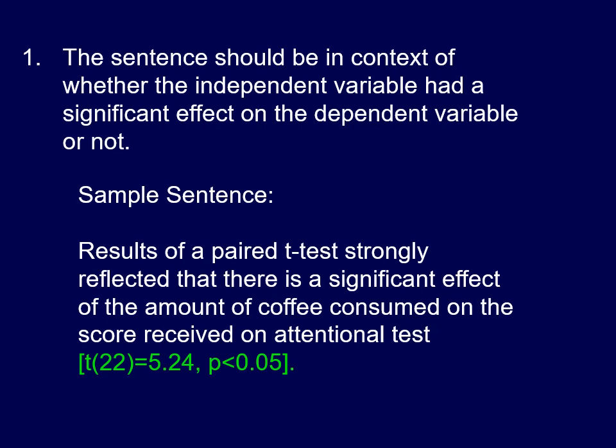So in your lab number 1, it should be something like: the results of a paired t-test strongly reflected that there is a significant effect of the validity of the cue on the reaction time. Then you write something like this in APA style, which you all have to do.